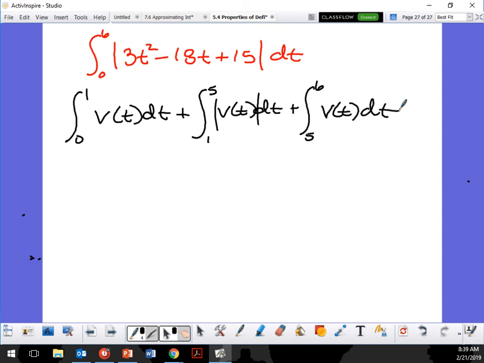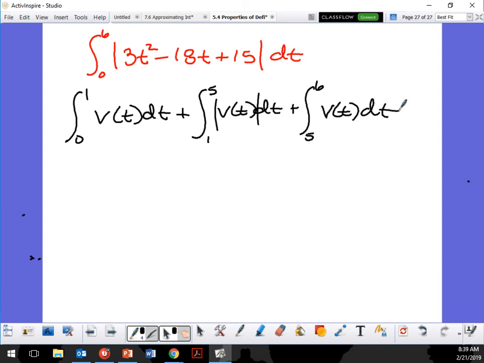So absolute value functions are kind of a pain, but it is helpful to figure out the total distance traveled on this. So we already did the integration earlier, right?